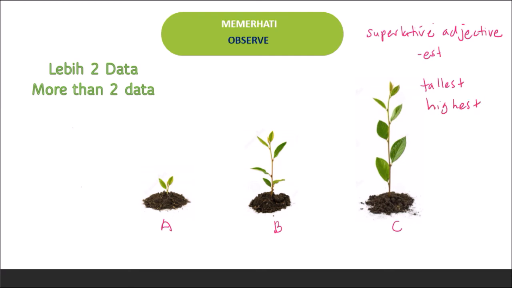Or also we can say that the height of plant A is lowest. All right, understand? This est we use when we've been given more than two data.